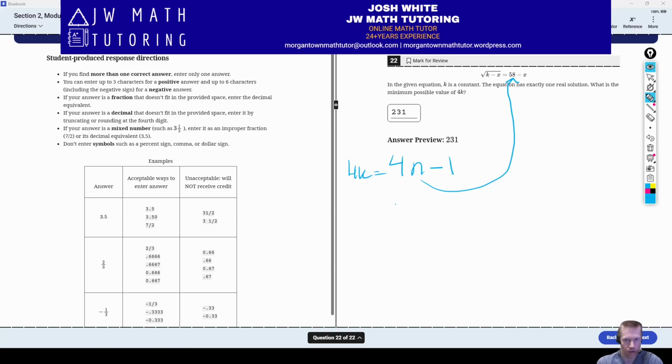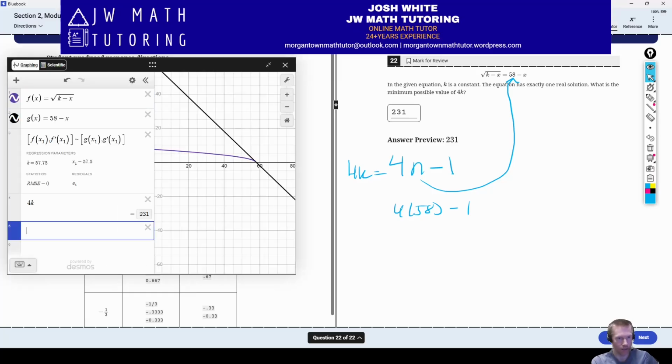So in other words, here, I can actually look at this and know that the answer is going to be 4 times 58 minus 1. 231. And it's always going to work out like that. Like, in other words, if I just change this to 19, the correct answer for 4k is going to be 75.